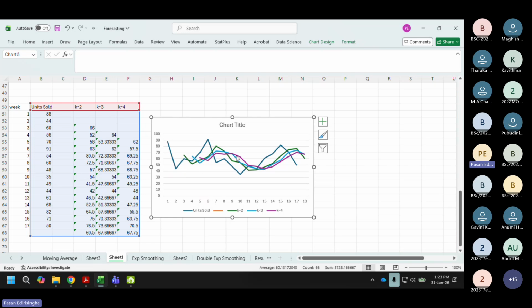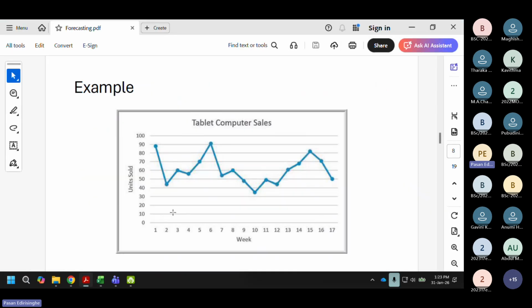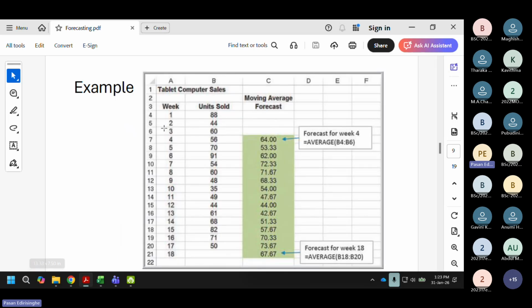So that's how we can identify the predictions based on the moving average concept, right? You can notice over here, that's our original data, and you can see the predictions here based on the moving average. This is for k equal 3, right?